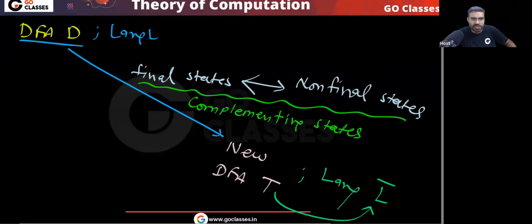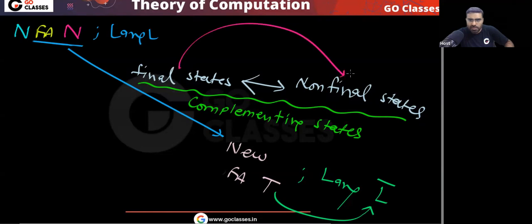Can I say the same thing for NFA? If you have an NFA N, let's assume the language is L. If I complement the states, final states I make non-final, non-final states I make final, can I say that the new NFA will also accept L complement?